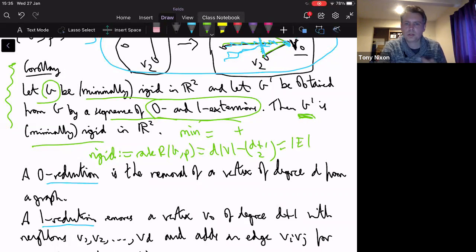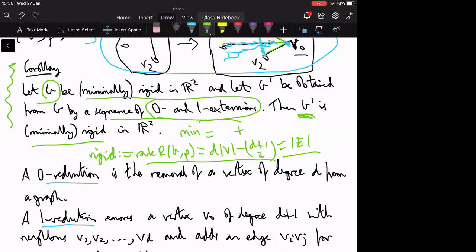So I want it to be rigid, but if I delete any one edge, I reduce the rank. So formally, I say minimally rigid means rigid, but G minus E is not rigid for any possible edge E, and hence all the rows of the rigidity matrix have to be linearly independent, because every single one, if you just take it away on its own, must reduce the rank. So I take it to mean the rank is equal to this, but that's also the number of edges. Okay, so it's a full row rank. Okay. Yes. Thank you.